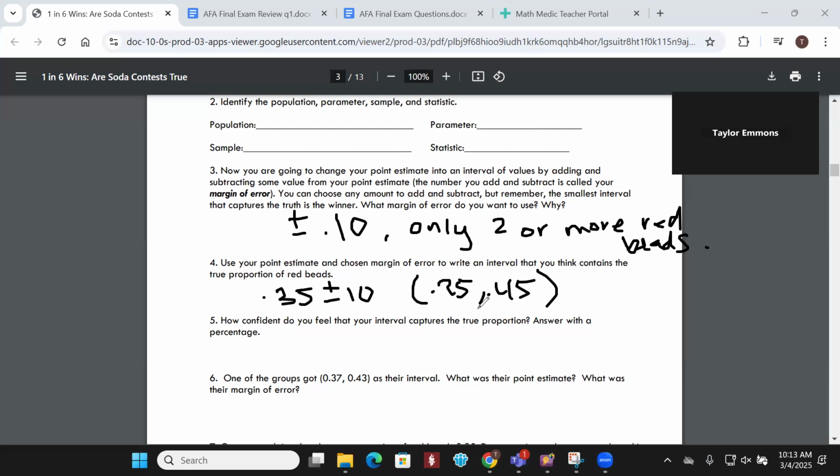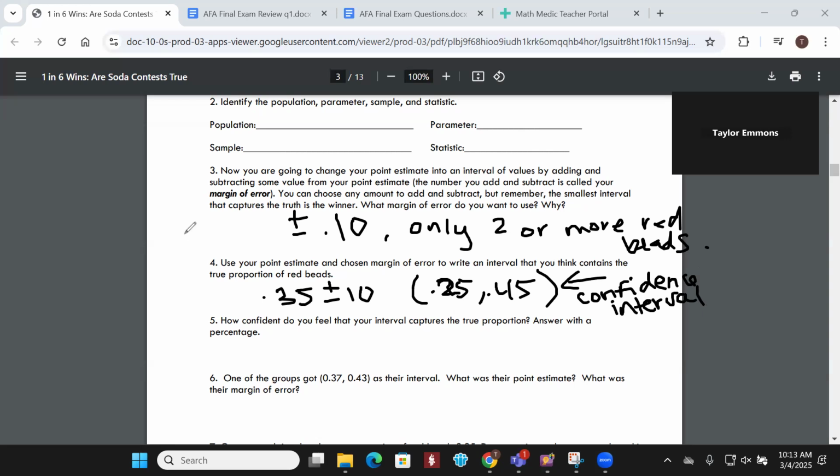That's going to contain my true population proportion. So this is what we call a confidence interval. I'm confident that the true proportion lies within that.